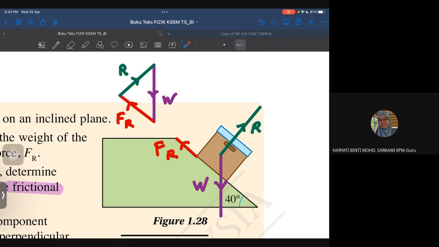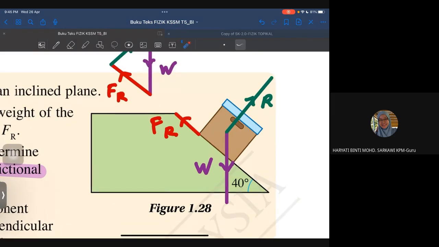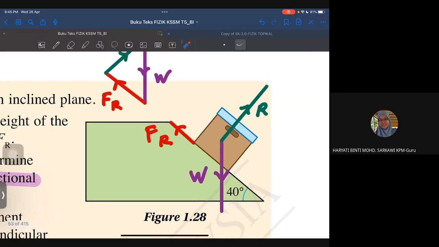But be careful, you can see here the angle is 40 degrees. So where is this 40 degree angle? Then you need to look at here. Can you see? This is 40, right? Then what would this angle be? This should be 90.